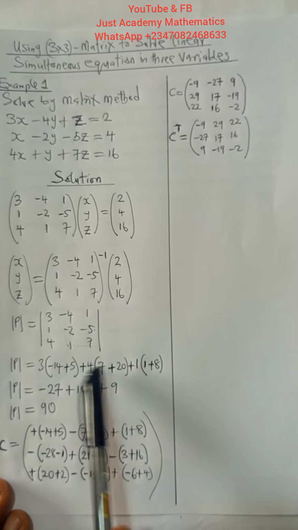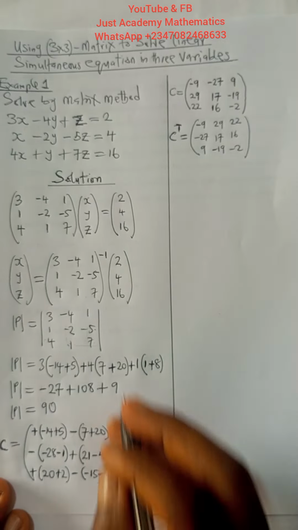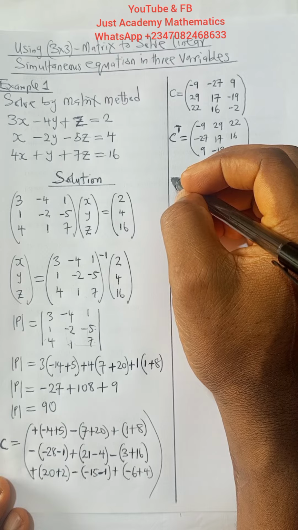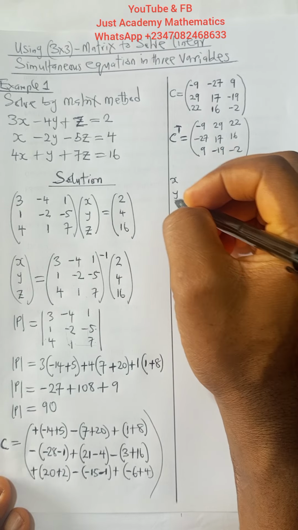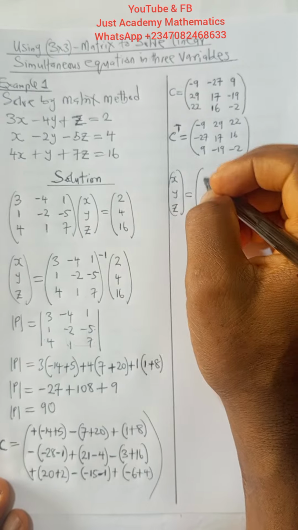Therefore, we can now get the inverse, which will help us to find x. So what is now the inverse? We can say x, y, z is now equals to the inverse.